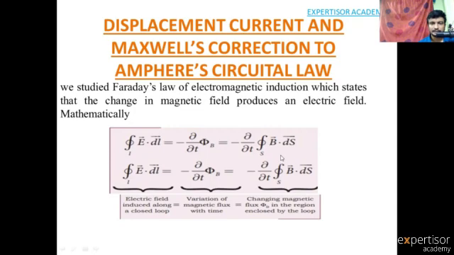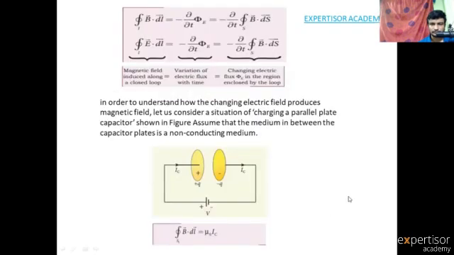That means a change in magnetic field gives the electric field. Here the change in magnetic field is equal to a change in electric flux, that is equal to the change in magnetic flux.